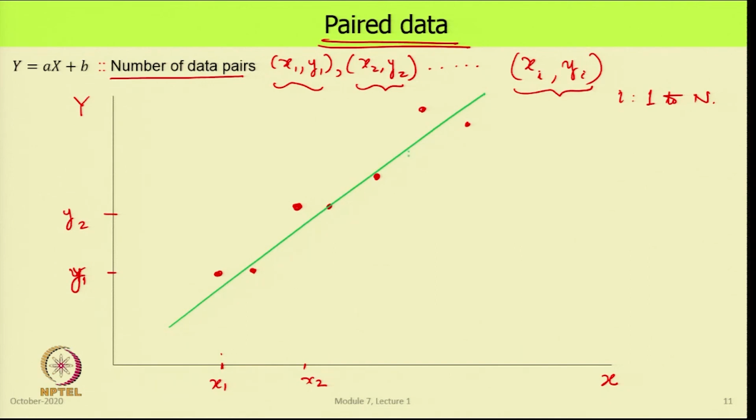So, this is data which we call our sample, and this curve that we make here, this is what we call a sample regression, or this is also referred to as curve fit.